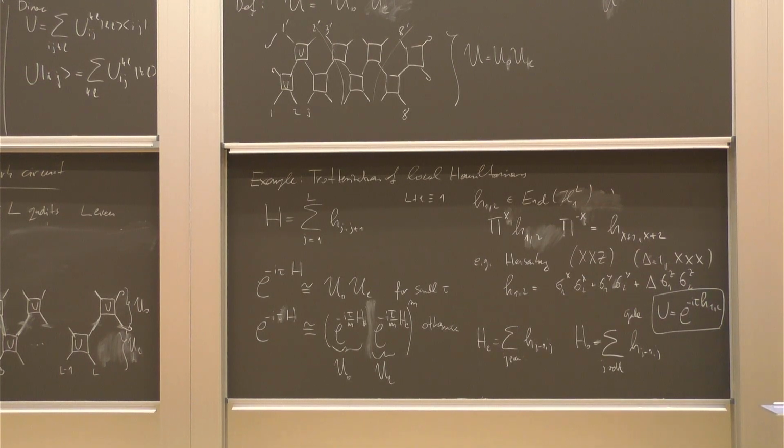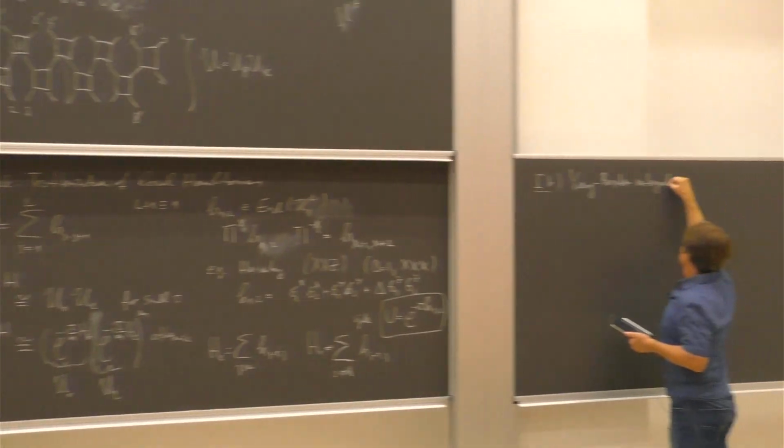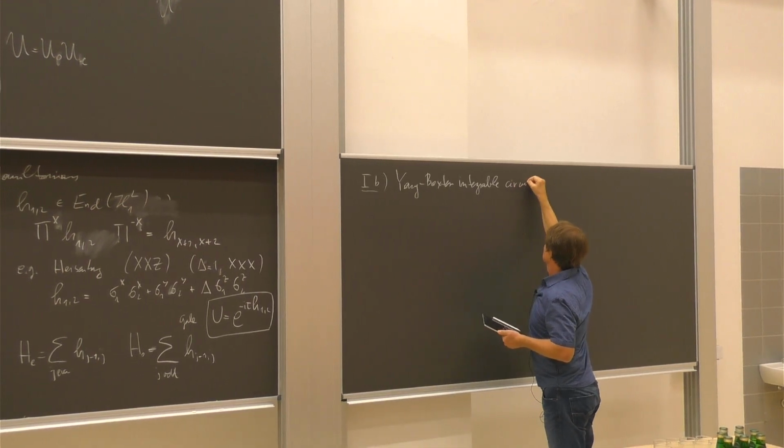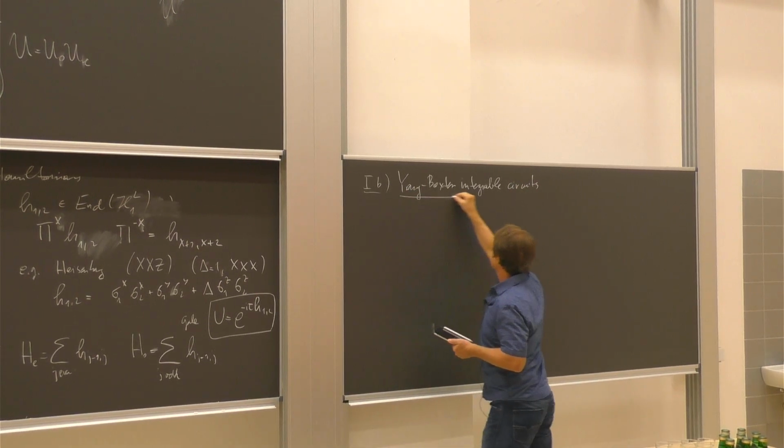Okay, now this should be completely obvious. But now let me do something which is maybe less obvious, which is to introduce integrability into this business. So now this was notation. So this was, let's call it 1b, Yang-Baxter integrable circuits.